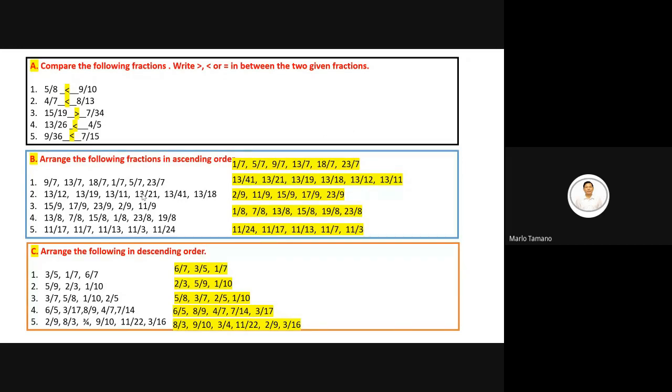Then after answering, that's the time you compare your answer with mine, so you can practice. In case you forget: the lesser the numerator, the lesser the fraction. The lesser the denominator, the greater the fraction.